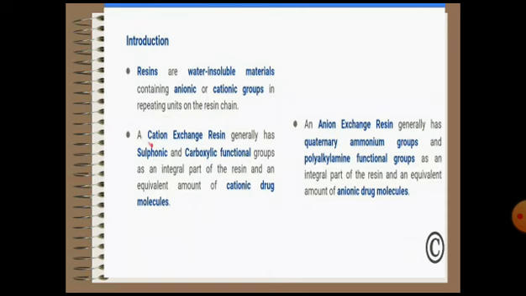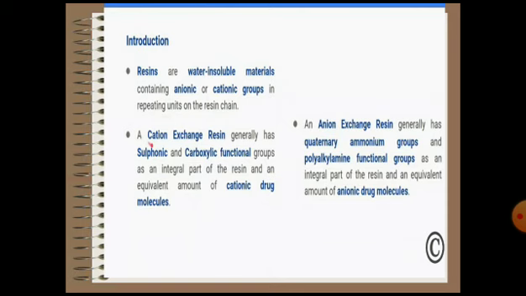Okay, so how we call it cationic or anionic means, see, if we call it a cationic exchange resin, that resin complex should contain either a sulfonic acid group or a carboxylic acid group. Okay, so that is one part, and it should carry a cationic drug molecule.